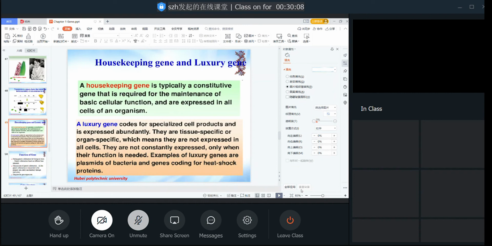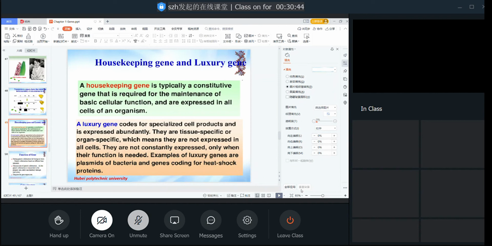Conversely, for other genes, for example, different cells express some kinds of genes. For example, red blood cells express hemoglobin. But for muscle cells and many other cells, you can see no hemoglobin gene expression. This kind of gene we call luxury genes. Luxury genes code for special cell products and are expressed abundantly.